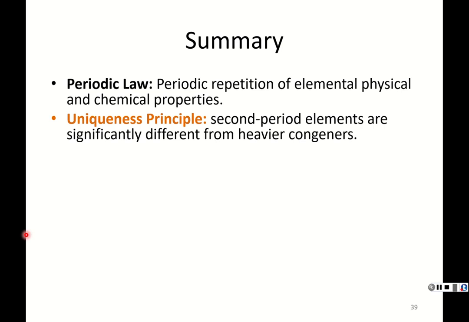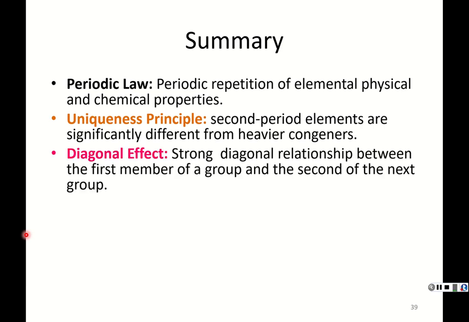Some other new principles we talked about: the uniqueness principle, which is that the second period elements are going to be significantly different from their elements further down their groups. The diagonal effect: there's a strong diagonal relationship between the first member of a group and the second member of the next group. That's because their sizes are similar, their effective charges are similar, and their electronegativities are similar, so they show some similarities there.